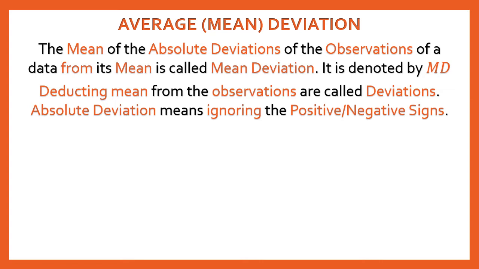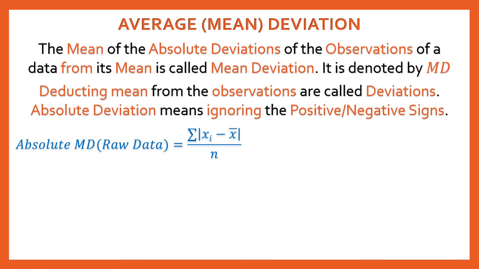So what we need to do is calculate the mean first and then deduct mean from all the observations, and take any value, whether negative or positive, as just the positive value. Let's see what is the formula. The absolute MD for raw data. Absolute MD means our regular measure with units of measurement.